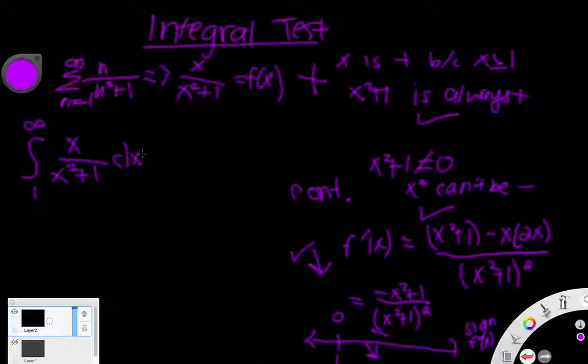And now let's solve the integral. This one's pretty simple, because it's going to be a natural log, since you can recognize that the top is 1/2 of the derivative of the bottom. So if you take out a 1/2, you have 2x over x squared plus 1 from 1 to infinity dx.